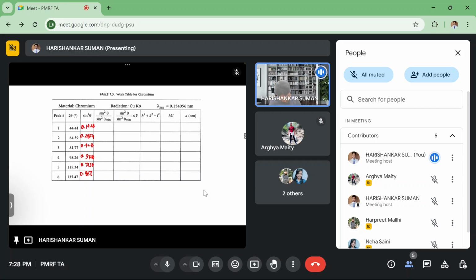Sine square by sine square minimum, this will be 1. Point 2 5 point divided by point 428, 1.